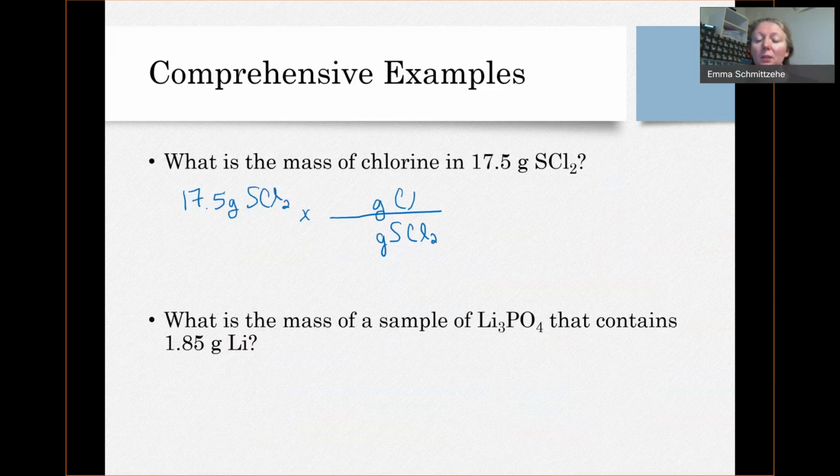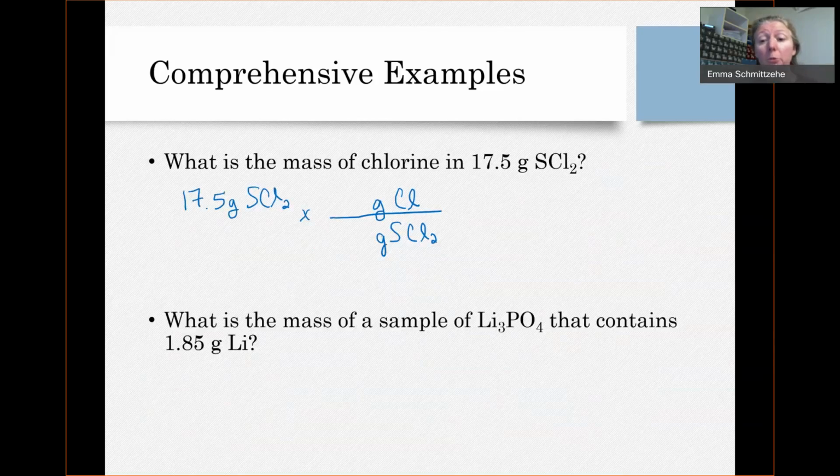And then you can stop and think, well, can I do that? Do I know how to relate the mass of some element to the mass of a compound that it's in? Well, the answer there is yes, you could do that, but you need the mass percent of chlorine in that compound, okay?